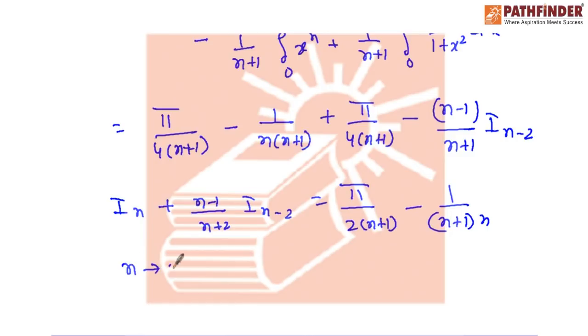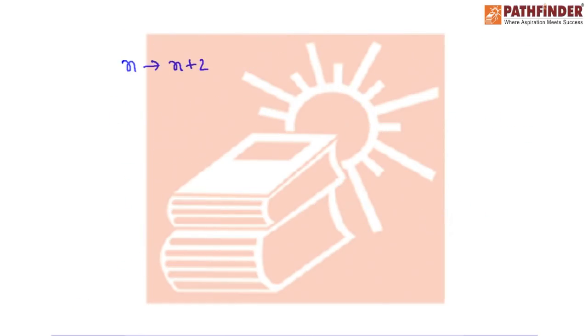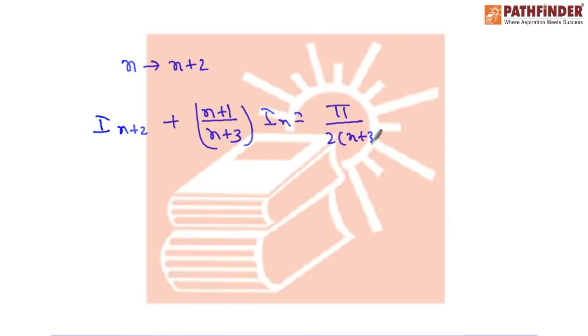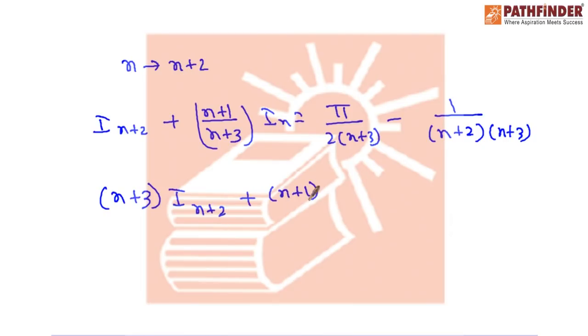Now put n plus 2 instead of n, we will get the relation I_(n plus 2) plus (n plus 1) by (n plus 3) I_n is equal to pi by 2(n plus 3) minus 1 by (n plus 2)(n plus 3), or (n plus 3) I_(n plus 2) plus (n plus 1) I_n is equal to pi by 2 minus 1 by (n plus 2).